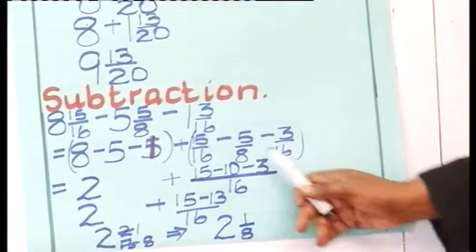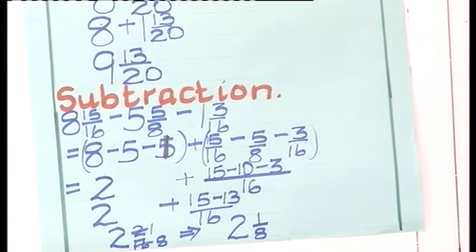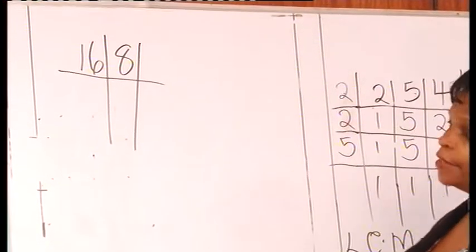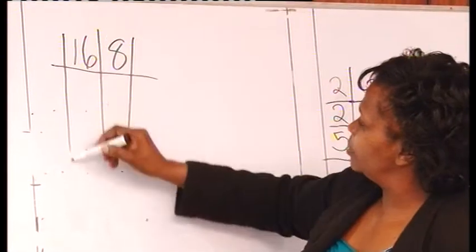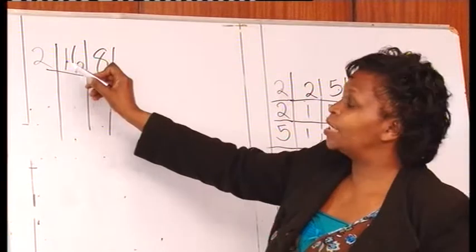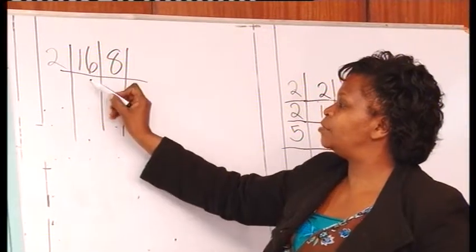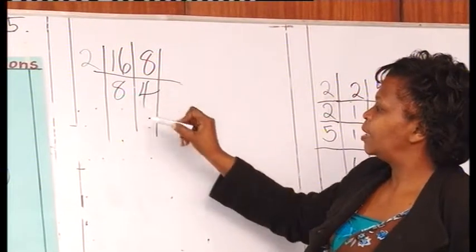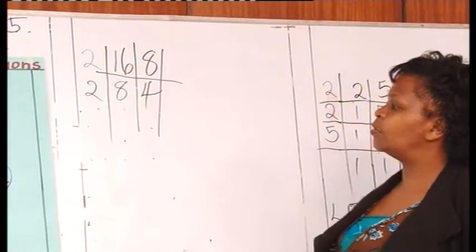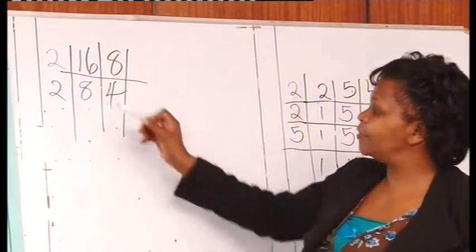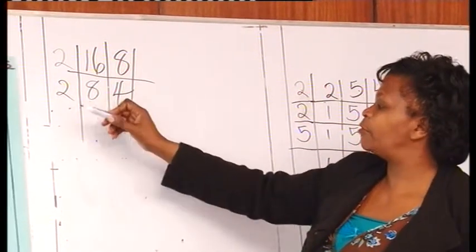The 16s are similar, so I just do 16 and 8. Use the shortest method. Here I have a common factor, which is 2. 16 divided by 2 is 8, and 8 divided by 2 is 4. Then I can also have a 2 as a common factor, because it's divisible by both 8 and 4.